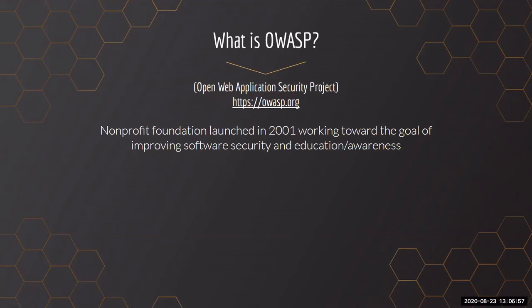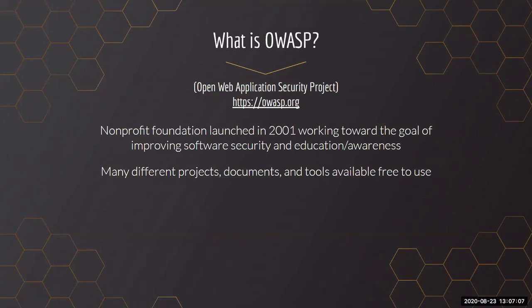They produce a paper every 2 to 4 years, it seems like, called the OWASP top 10. It's just one of their many projects that they have available completely free to use by anybody. And just go to their website, owasp.org, to see those tools and download them and see their documentation and their PDFs that they've produced.